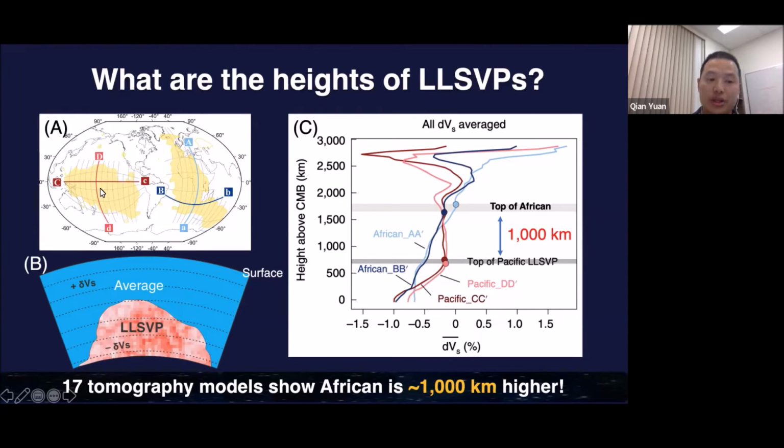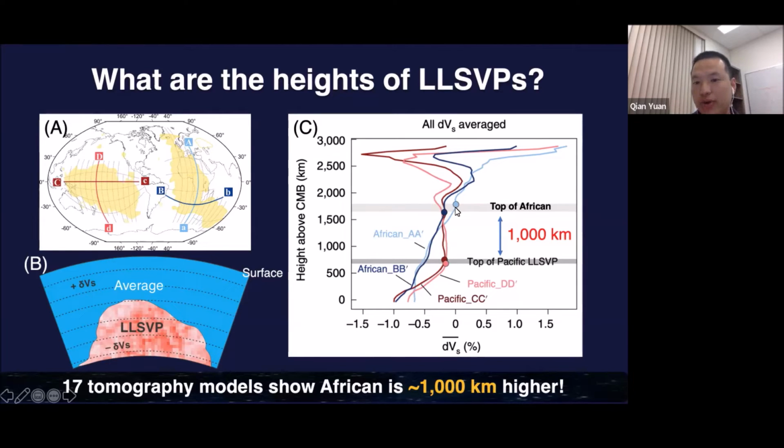We made many cross sections, like 30 of them. Among these 30 cross sections, we found these 4 have the highest turning points for the 2 LLSVPs. We can see here, the 2 red curves show the Pacific LLSVP, and the 2 blue ones show the maximum height for the African LLSVP.